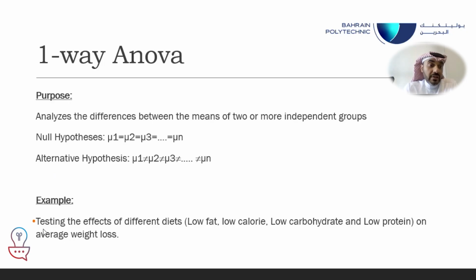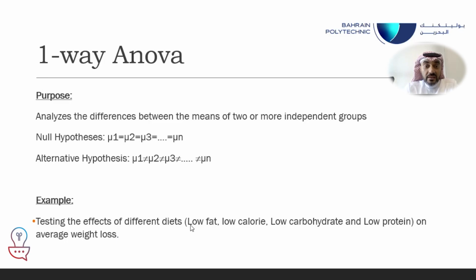And this is an example testing the effect of different diets. So you can see here 1, 2, 3, and 4. So you have 4 groups on average weight loss. So you want to see which of these diets is better in losing weight.